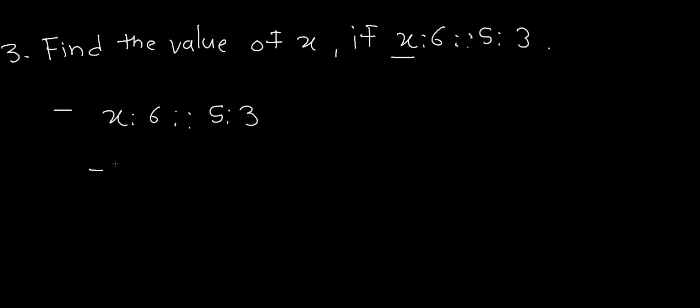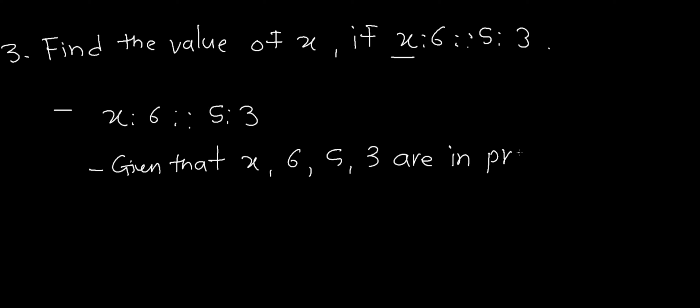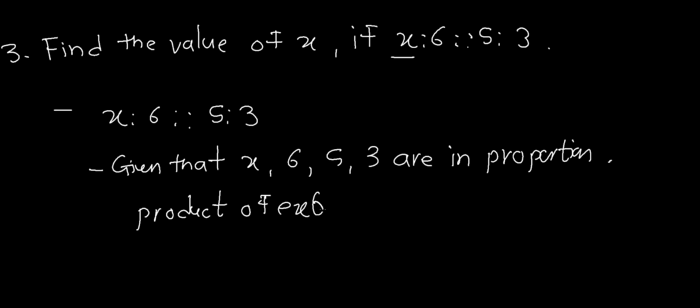So basically it is given that x, 6, 5 and 3 are in proportion, so the product of their extremes must be equal to the product of means.